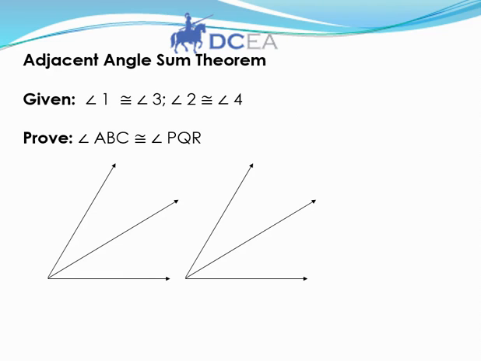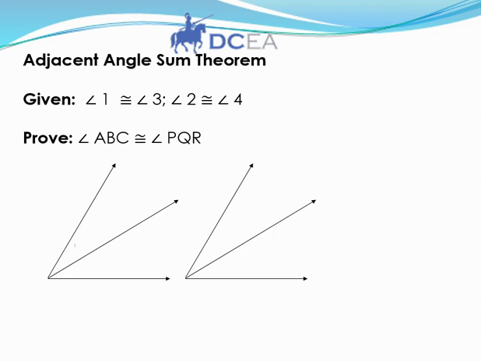In your book, you have some pictures next to these angles. What you should be doing is drawing whatever is in the given into the pictures. So as an example, it says angle 1 is congruent to angle 3.